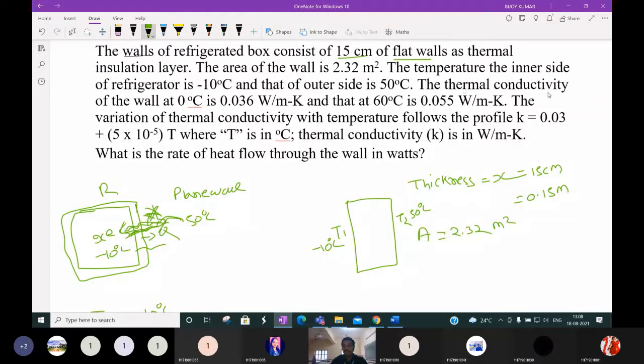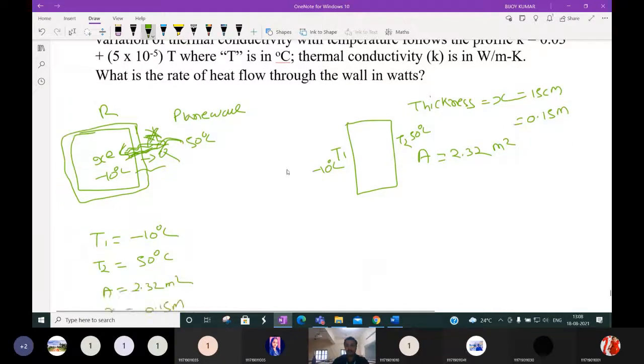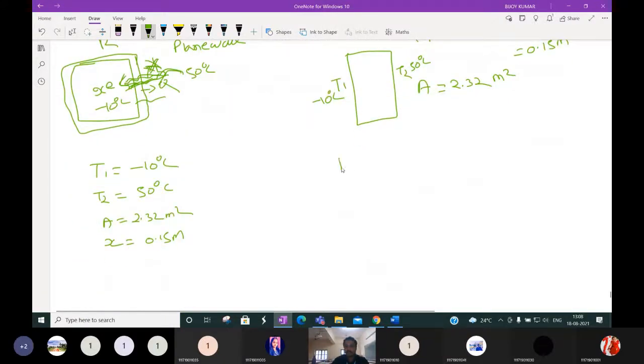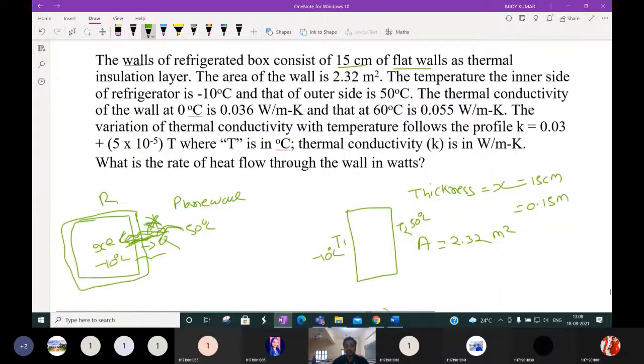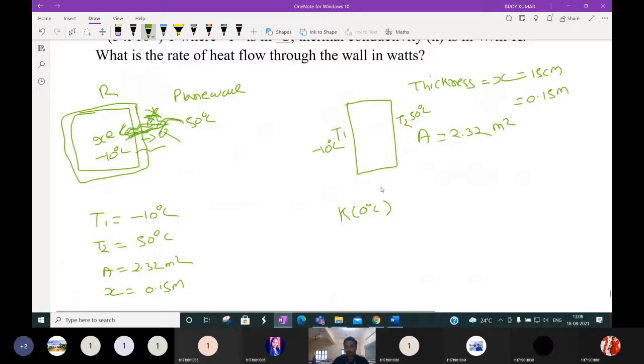Then the data are given. The thermal conductivity of the wall at 0 degree centigrade. Thermal conductivity means we know the K value, small k. At 0 degree centigrade it is given 0.036 watt per meter Kelvin. This is the unit.